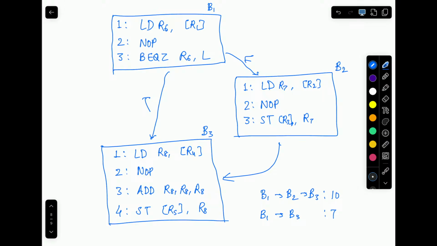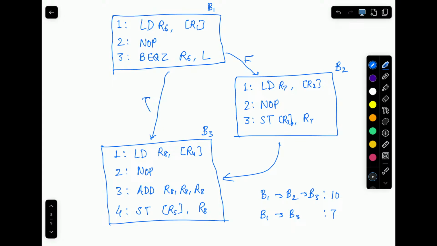Well, there is no control dependence between B1 and B3. We are not doing any branching here. Okay, your point is for the true branch, right? Think also about what if the false branch is taken. Would you start any execution in B2 unless you know the outcome of this branch?